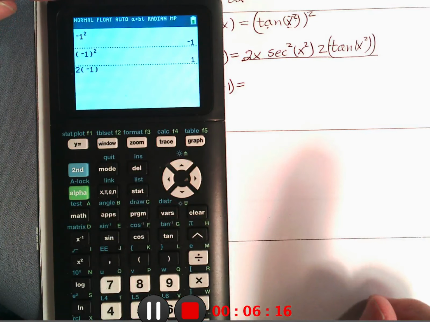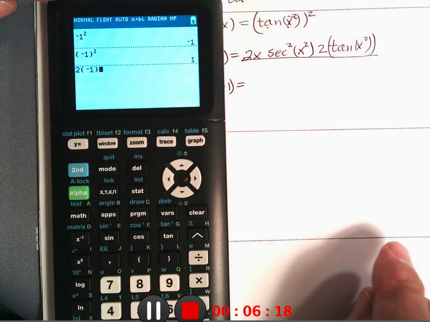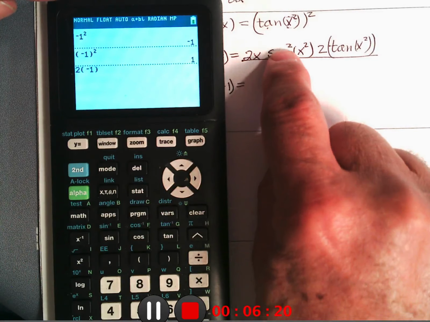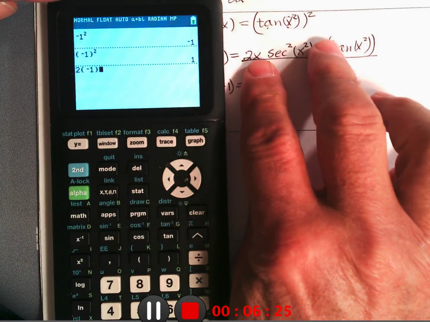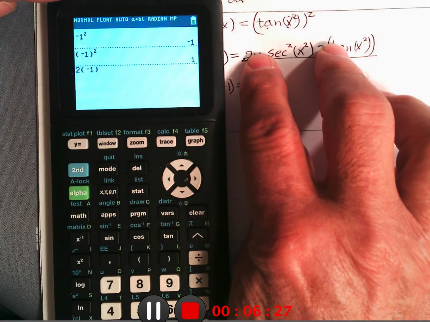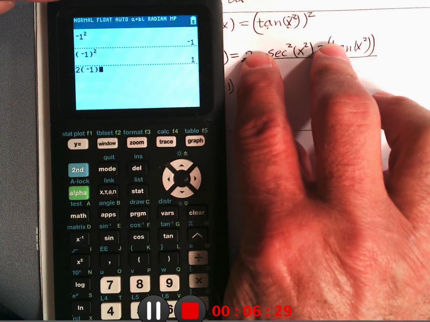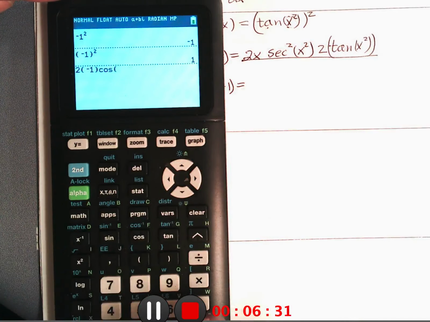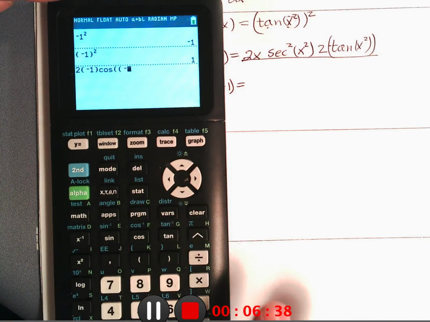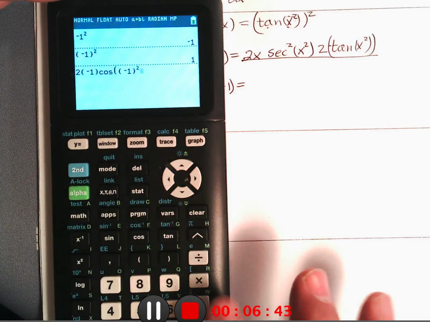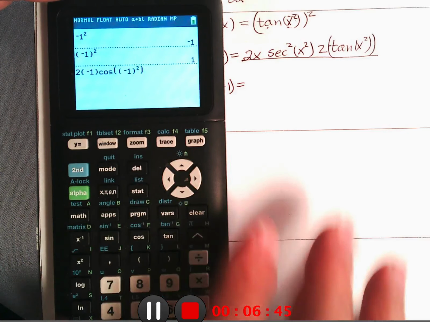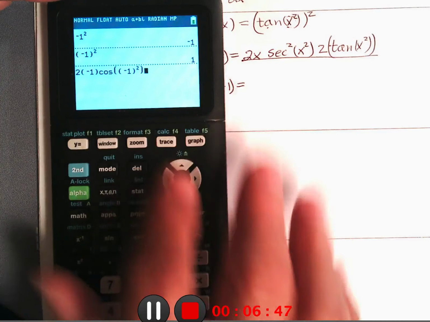Now secant squared, that's secant to the 2, whole quantity to the 2 power, but secant is 1 over cosine, so I can do cosine to the negative 2 power, cosine of negative 1 squared. So I have to go parenthesis, negative 1, close parenthesis, so I get all of negative 1 squared, and then close the cosine, and then I have to square that whole thing.